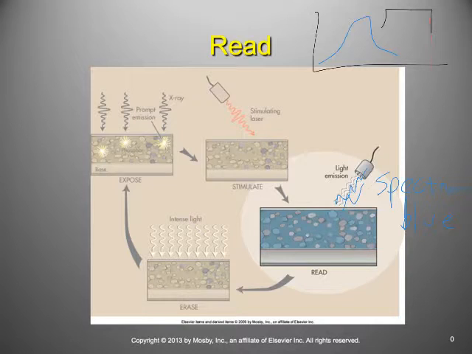And that's helpful because there's a gap, even just on the electromagnetic spectrum, between blue and red. So that's important, that as this thing is reading, it recognizes, okay, that's the laser, and that's not the thing I'm actually trying to sample.